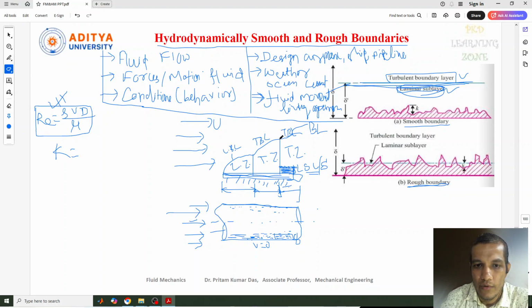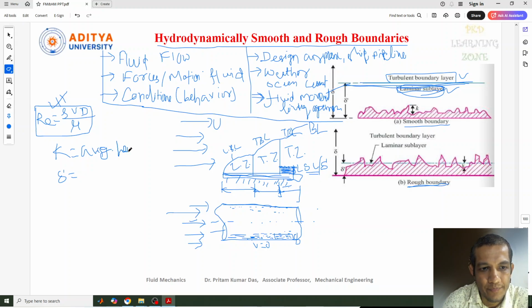Okay, let me stop here at K. Here two things are there: one is K, another one is delta star. K is the average height of the irregularities projecting from the surface. Now you see, the surface is there, and here this is rough and this is smooth. The concept is the same, the only difference is the K value and the delta dash value, which I'll show you.